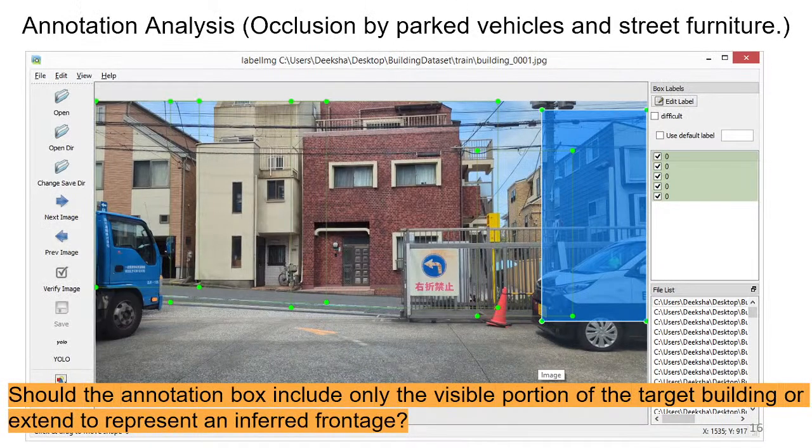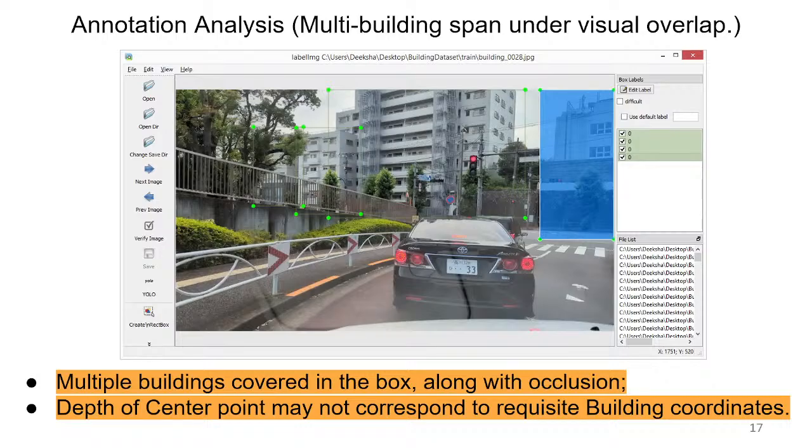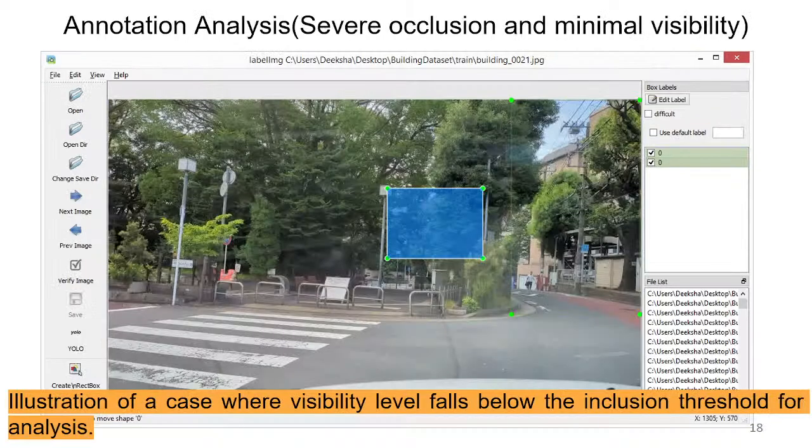Or there may be parked vehicle occlusion, or cases when a single box covers multiple instances of facades which were differentiated using different depth. That means we need to incorporate depth information in our analysis to have proper documentation.